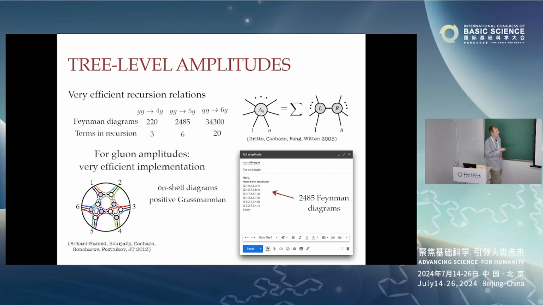Later on, we also found, with my collaborators, a specific implementation of these recursion relations in some more mathematical structures called on-shell diagrams and the positive Grassmannian, which I will also shortly review, which extract the most invariant information for each term in the recursion.